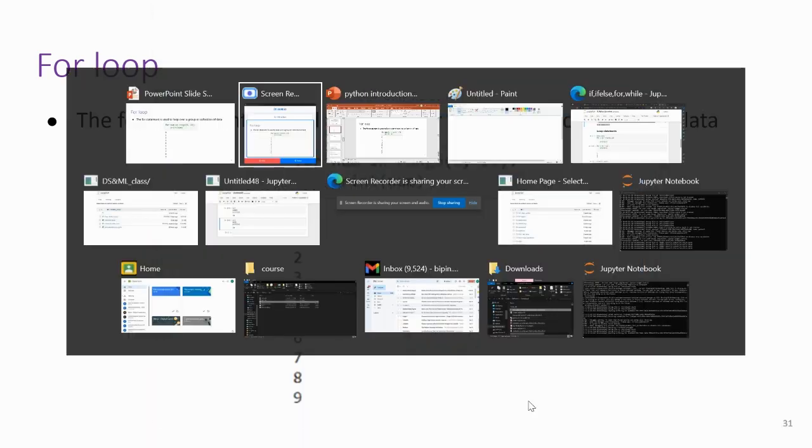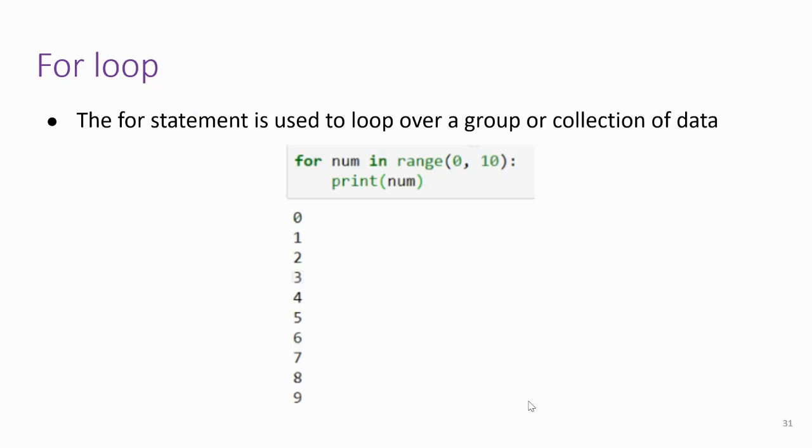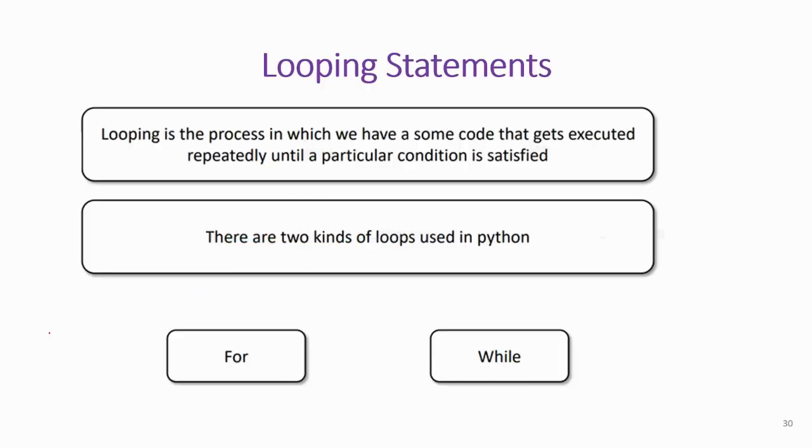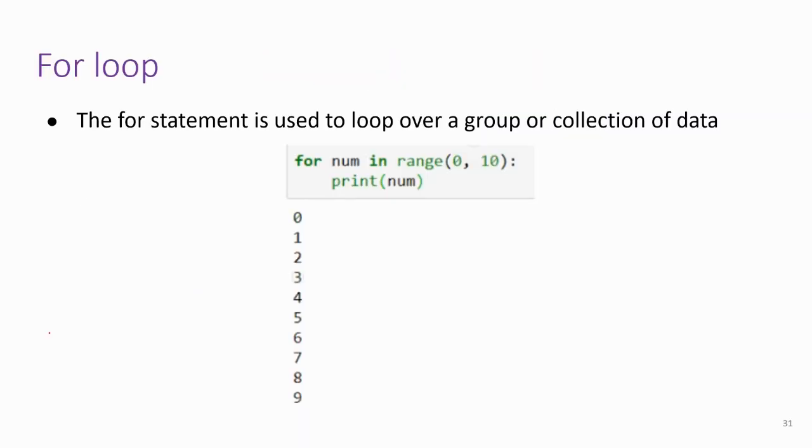See the for statement now. Now see the syntax. Here the actual code is there. You can see here: for num in range 0 to 10, print num.